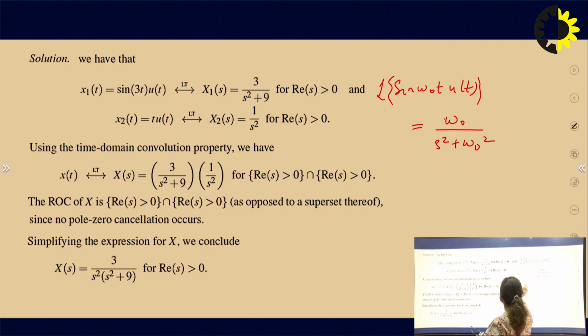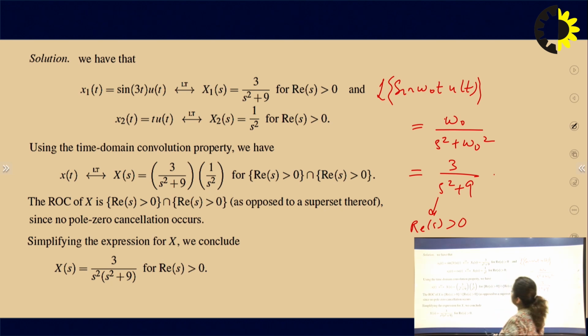So for sin 3t, in place of omega naught there is 3, so it is 3 upon s square plus 9. Also here the ROC is real of s greater than 0, as it has only complex roots.